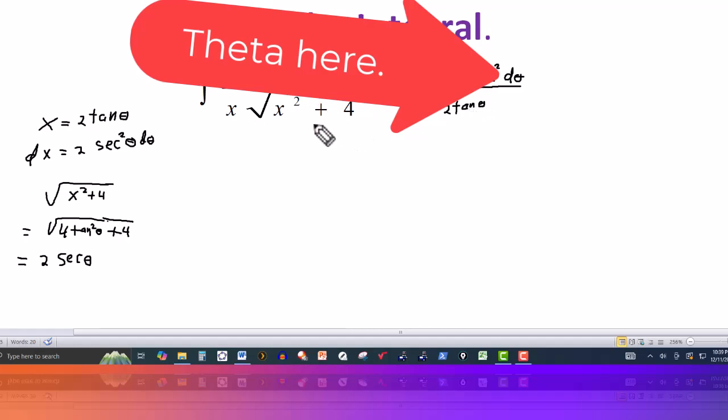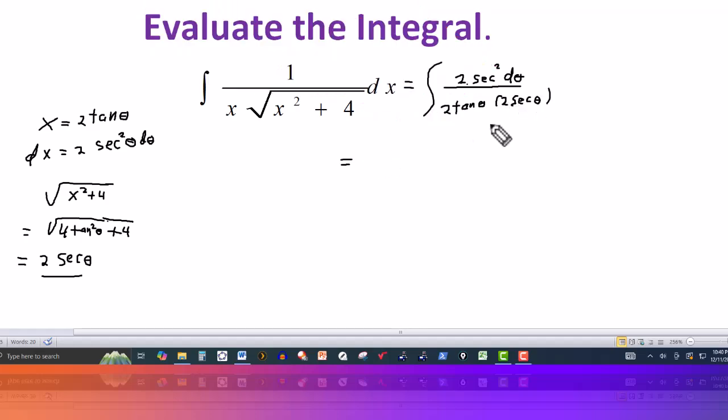And then the radical, square root of x squared plus 4, simplified, we got 2 secant theta. So let's do some cancellation here. This 2 will divide out this 2, and this secant will divide one of the secants on top, secant squared, so this will just be a 1 here.